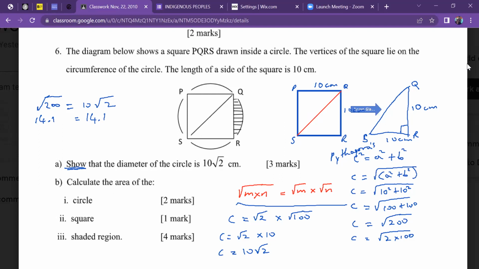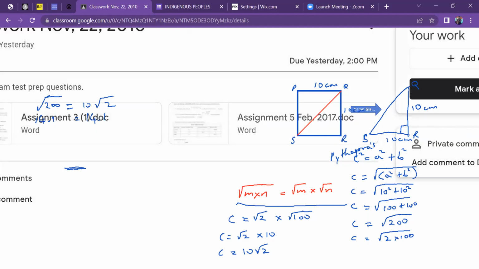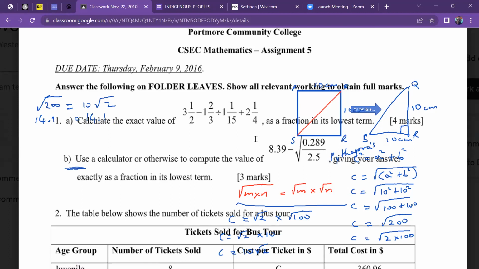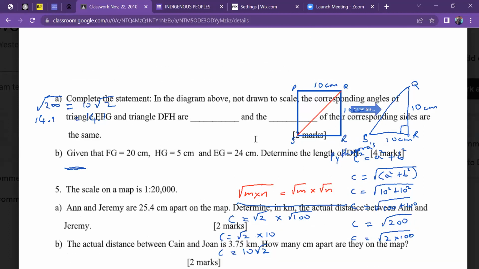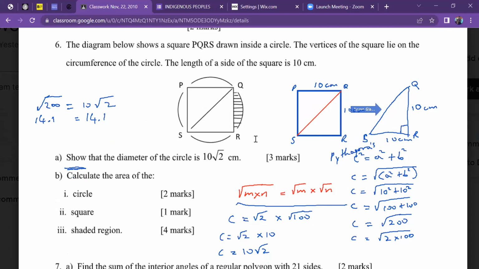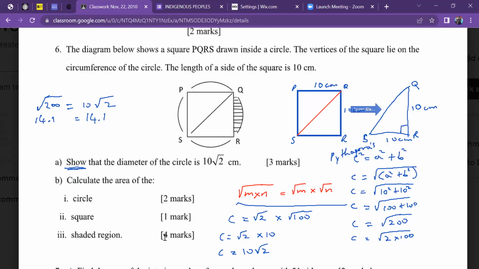So the question is asking us to show that the diameter of the circle is 10 root 2. When we look at the square, we have a diagonal. Everything in the diagram is a visual clue.